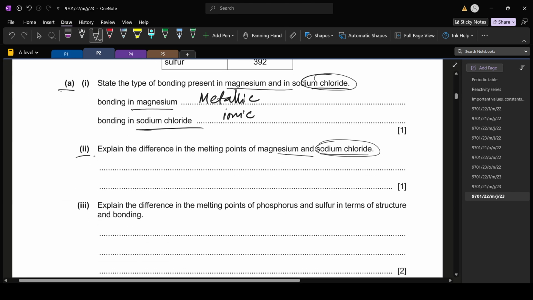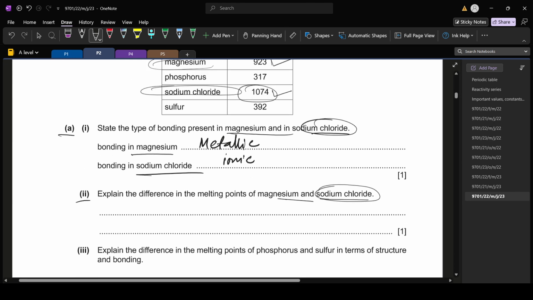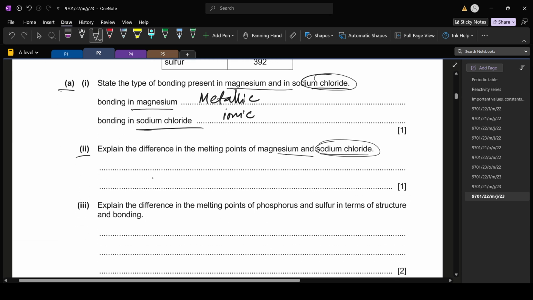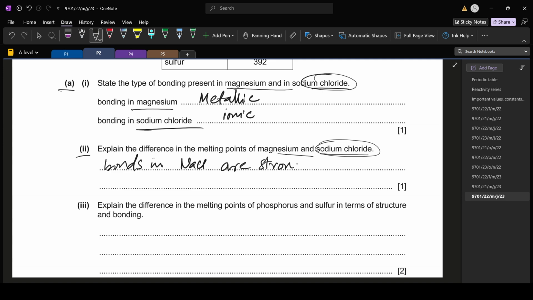That's why sodium chloride requires more energy to break those bonds. So, bonds in sodium chloride are stronger than bonds in magnesium.